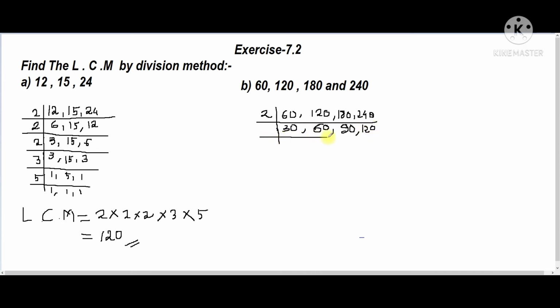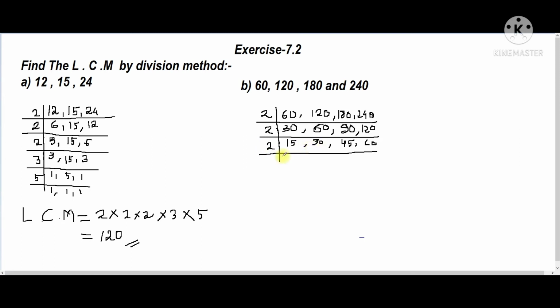Again we'll give a line, and we'll divide by 2 again. 2 how many times in 30? 15 times. 2 how many times in 60? 30 times. 2 how many times in 90? 45 times. And 2 again divided into 120 gives 60, right? Again we'll give a line, and again we'll divide by 2.